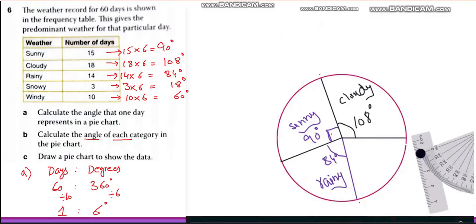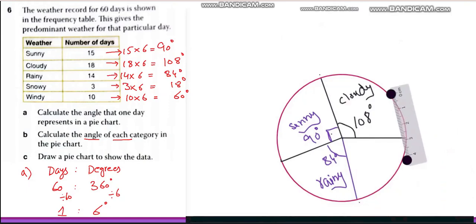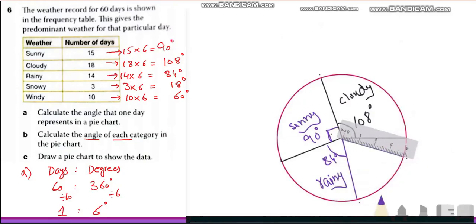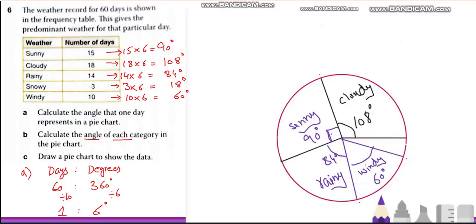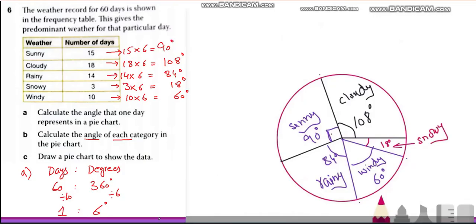Now we need to represent the other angles as well. So this is for snowy days. Sorry, this is for windy. And the remaining is for snowy days, means 18 degrees. Now we will proceed to next question.